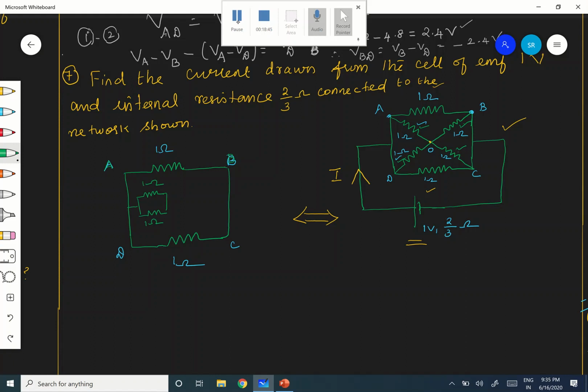So 2 1 ohms are connected in parallel, and both are connected here at 2 ohm. Therefore, this is the equivalent circuit. Then this is connected to a battery.